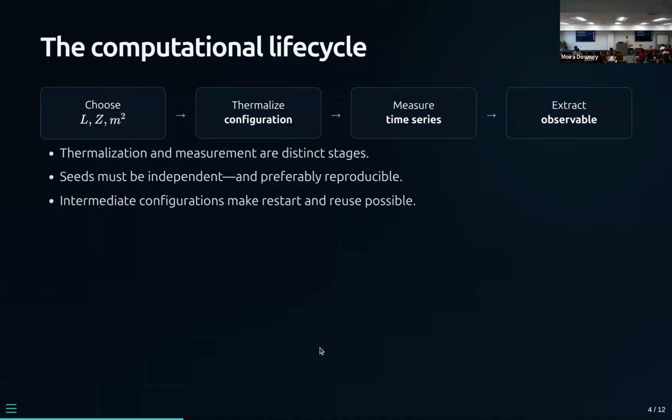So when I submit 10 to the power 3 jobs, sometimes even more, my seeds for the submission must be independent. The trick I use is that for the seeds I actually use the parameters, some mathematical equation of the parameters that I provide to those codes. That's very important.